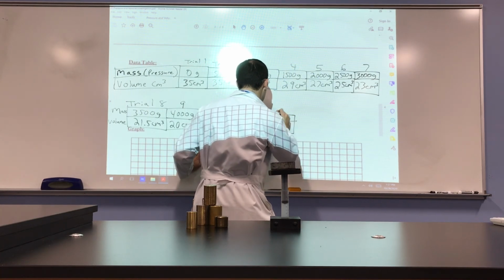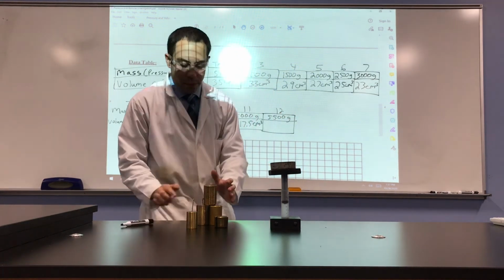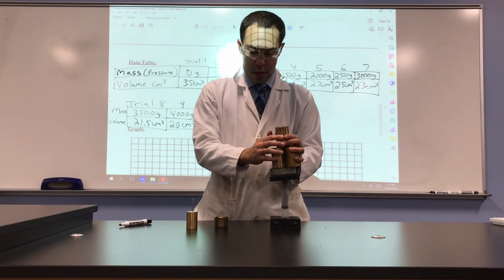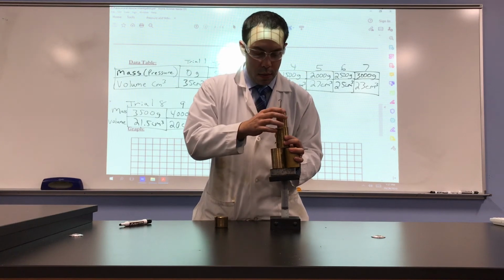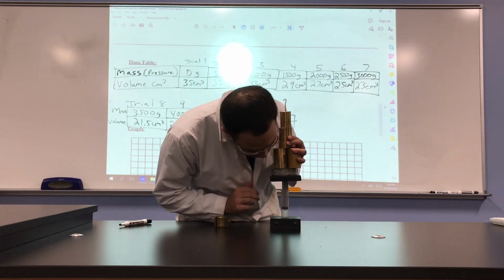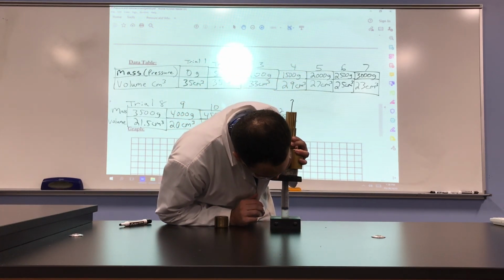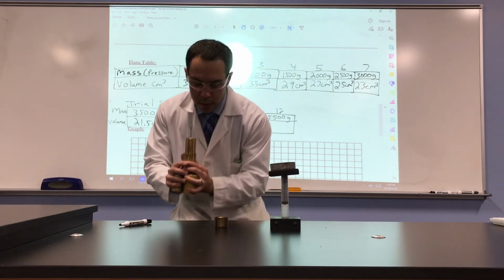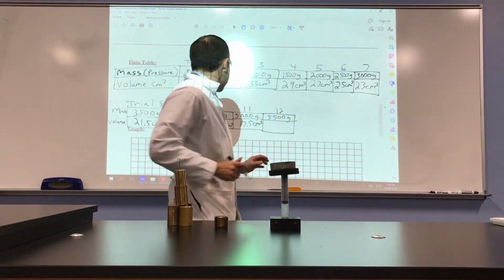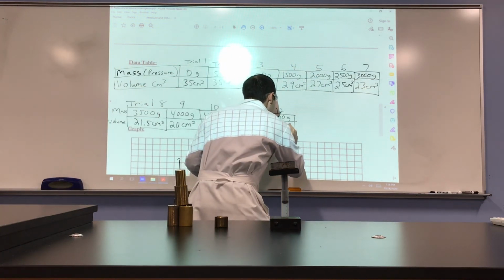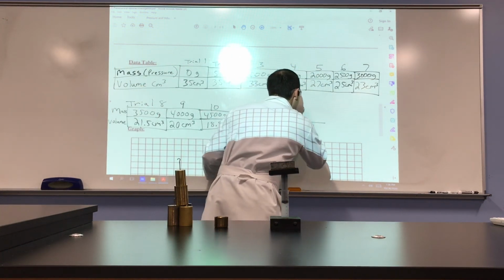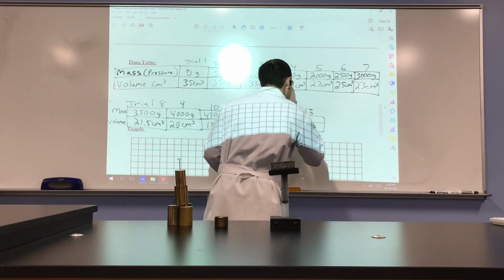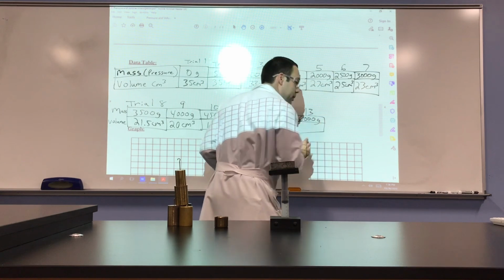5,500 grams, trial 12. 16 cubic centimeters. And we'll try one more after this. 16 cubic centimeters. And finally, trial 13. Lucky number 13 will have 6,000 grams.